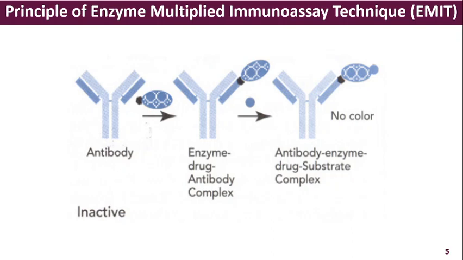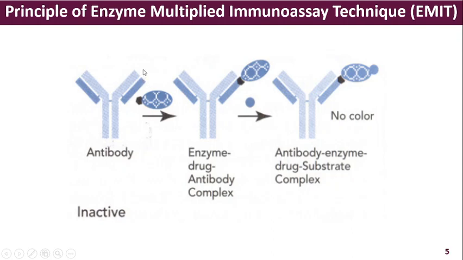Now the reaction will be in these two forms. If the sample under investigation contains a large amount of the drug that you are looking for, and when you add the corresponding antibody pertaining to that drug into the sample, all the FAB sites of the antibody will be engaged by the drug.